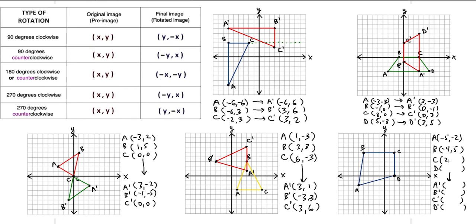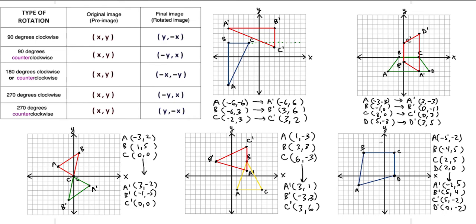C is 2, 5, and then D is 2, 0. So now it's either this one or that one, same formula. So we're going to copy the y, we're going to negate the x. So copying the y, negating the x, for each point.